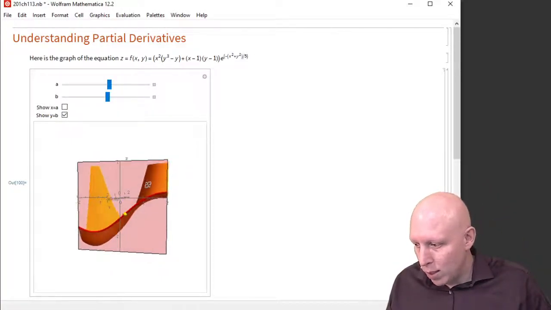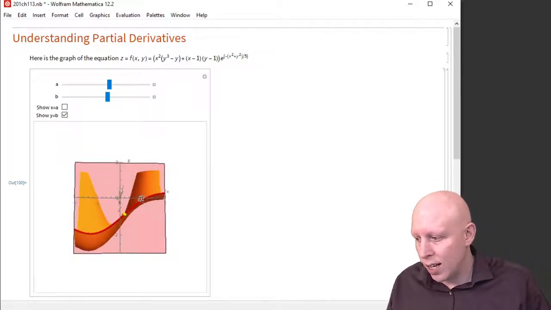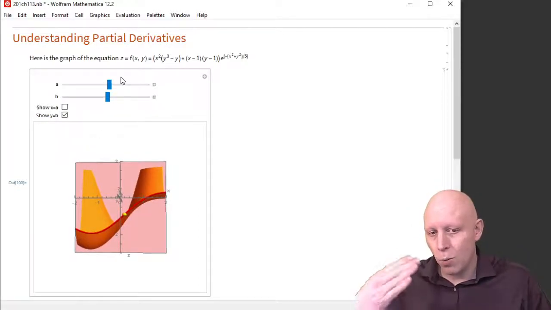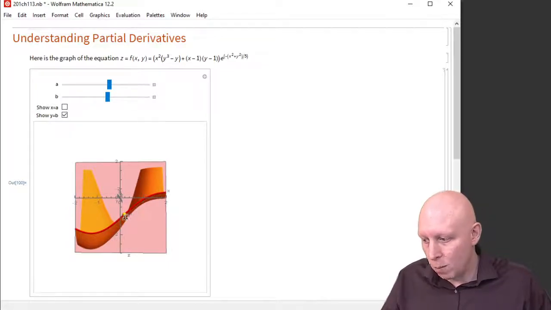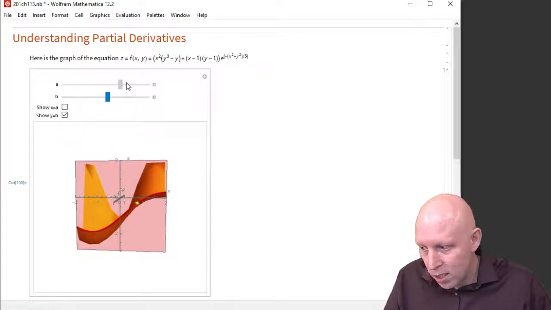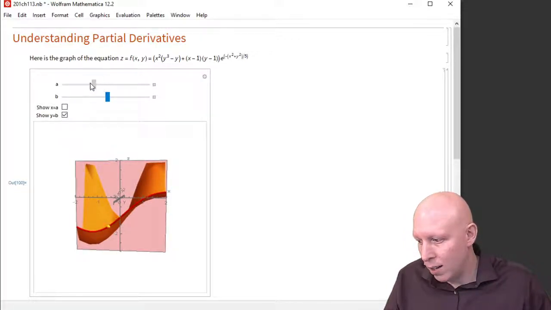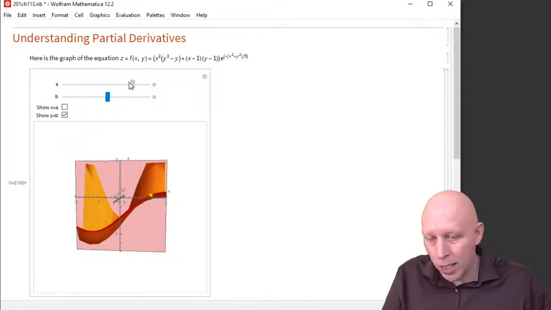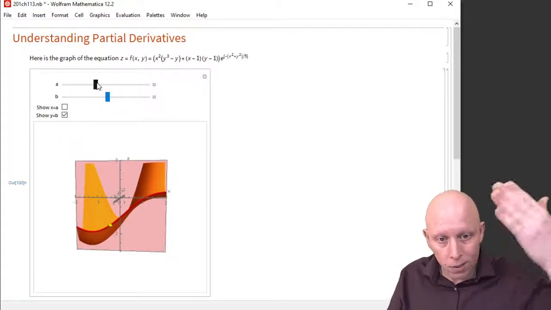And now, if we're trying to figure out the partial derivative of f(x, y) at (a, b), what we're doing is moving x along this fixed curve. It's fixed because b is fixed.